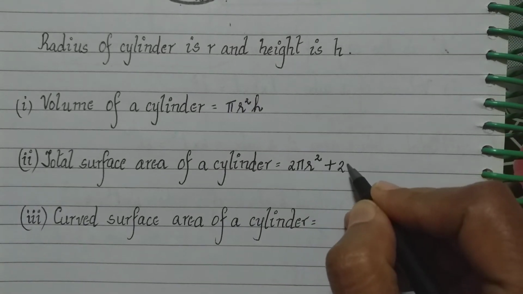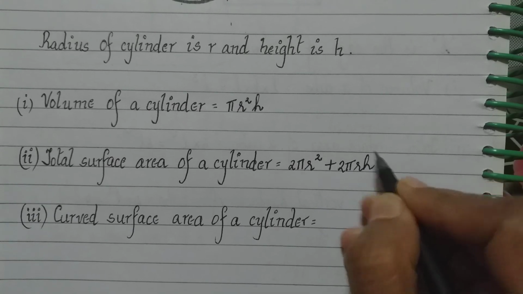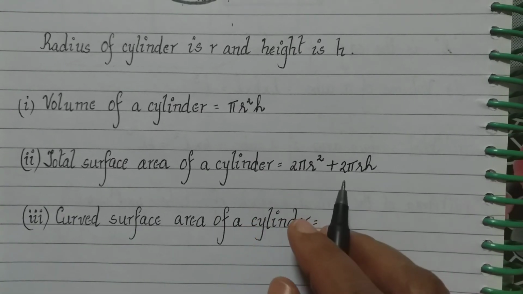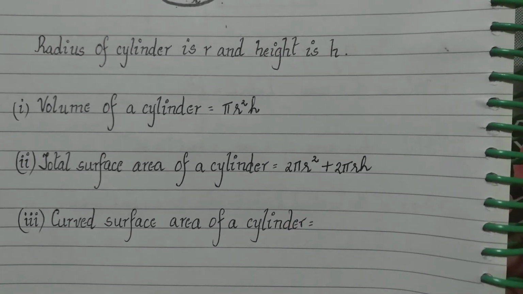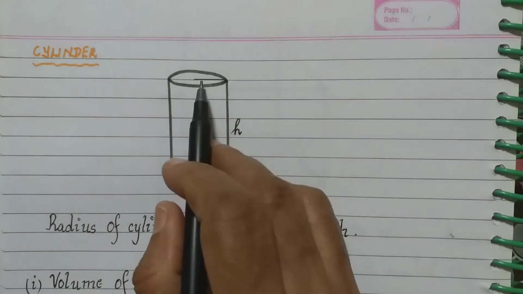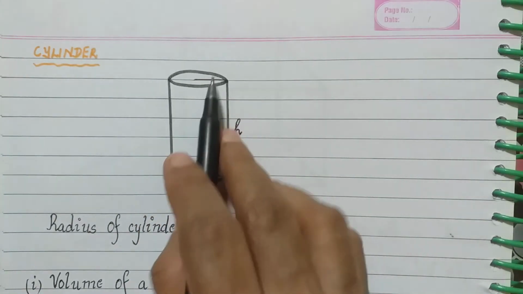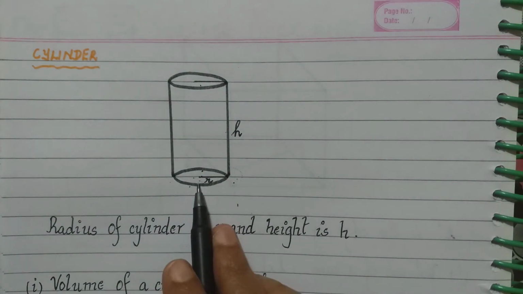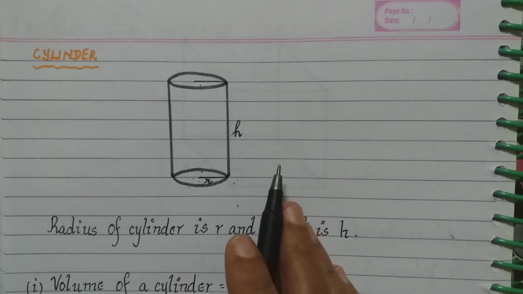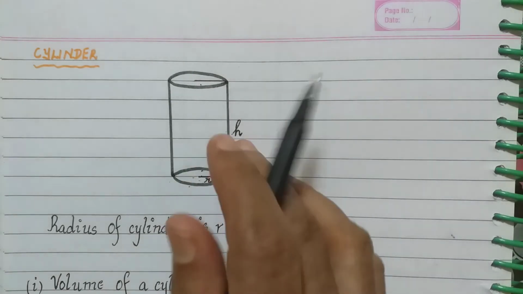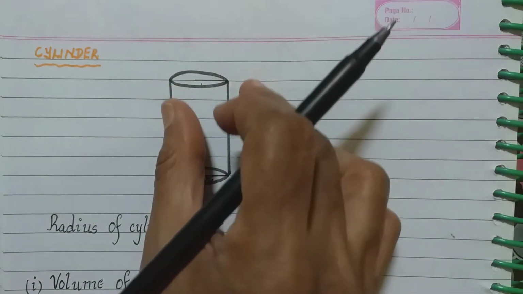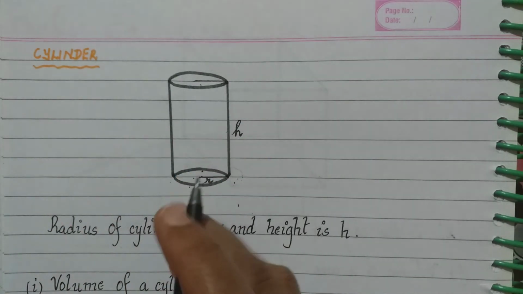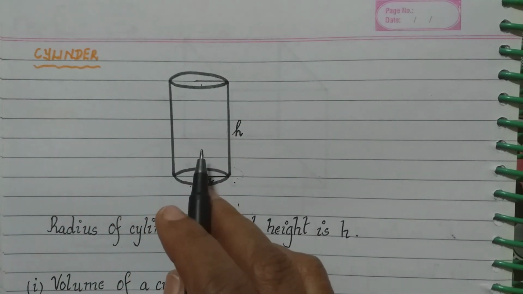So when we are considering the total surface area of the cylinder, I have written 2 pi r square plus 2 pi r h. Let us see again how we get this. This surface has area pi r square. This surface has area pi r square. Pi r square plus pi r square is 2 pi r square. That is the area of the circular part. Now this cylindrical part has a circumference, and the circumference of a circle is given by the formula 2 pi r.